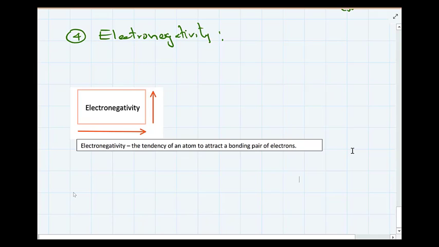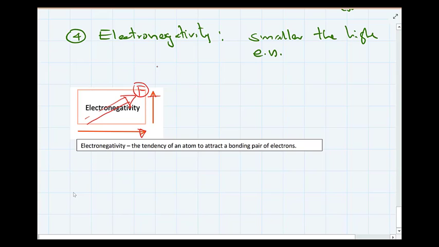Just for memorization, electronegativity increases from left to right along the period, and increases from bottom to top along the groups. That means the smaller the atom, the higher the electronegativity, right? So we can put the electronegativity increasing toward fluorine.